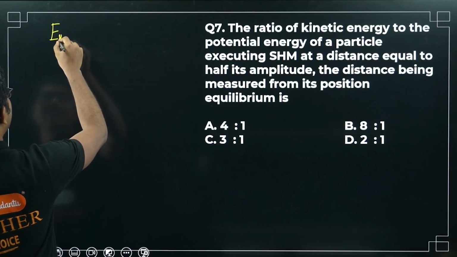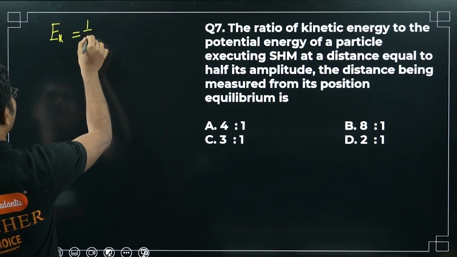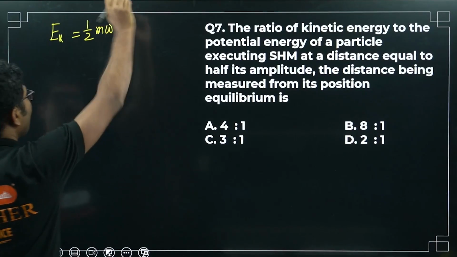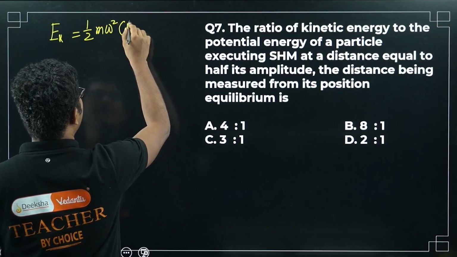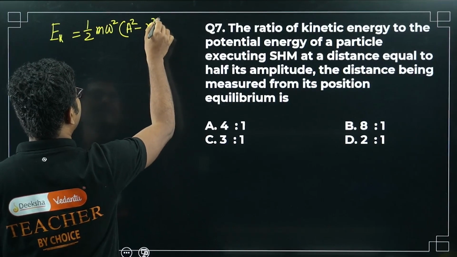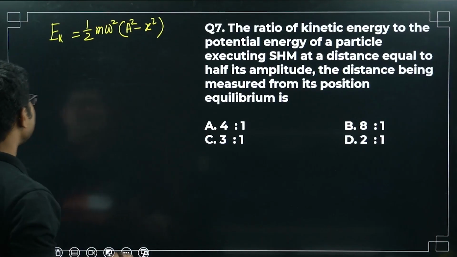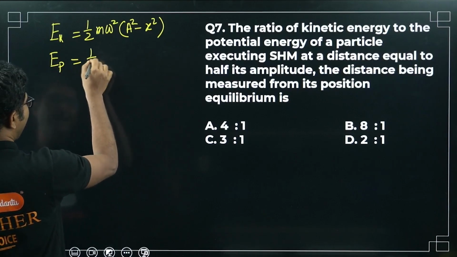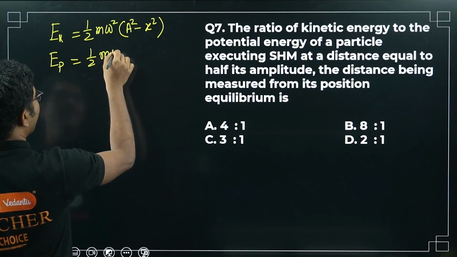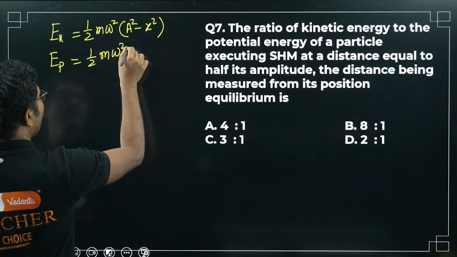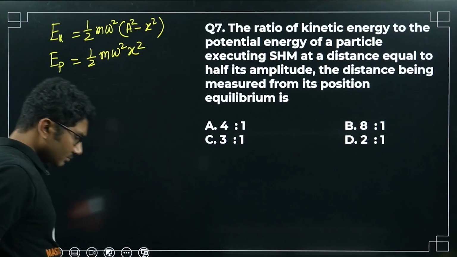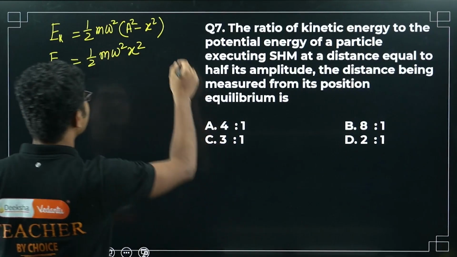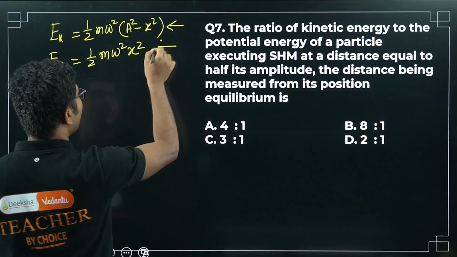Kinetic energy Ek is given by half m omega square (a square minus x square), and potential energy is half m omega square x square.